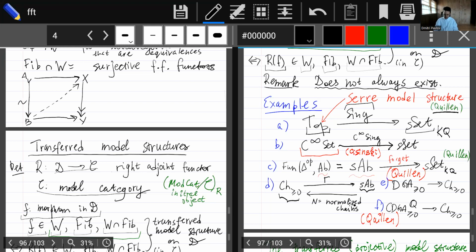So you say that the normalized chains of some simplicial abelian group A in chain degree n will be, as an abelian group, a quotient by the degenerate simplices, which happen to form a subgroup. It's easy to prove, and therefore this definition makes sense.